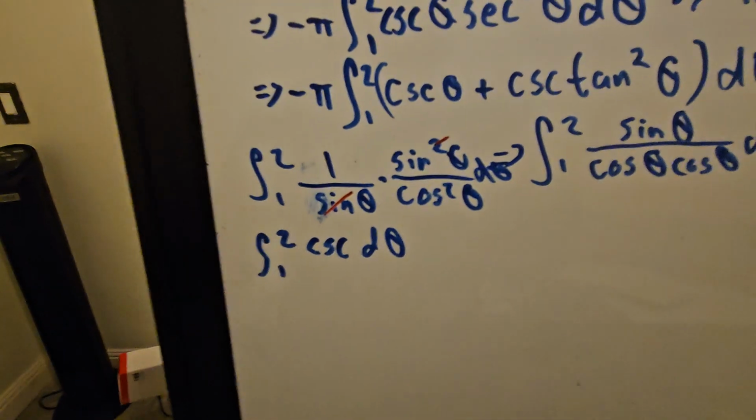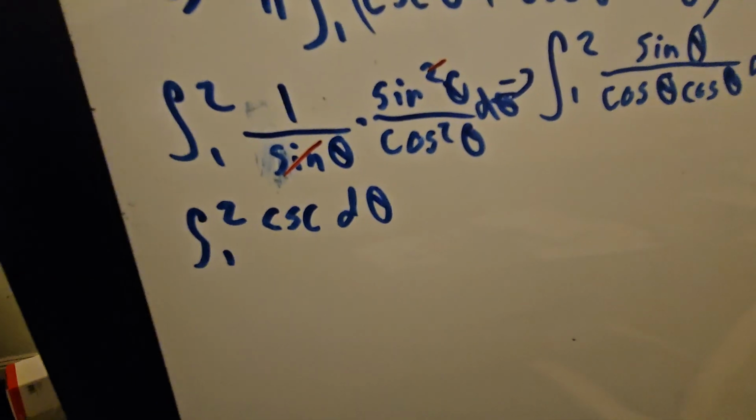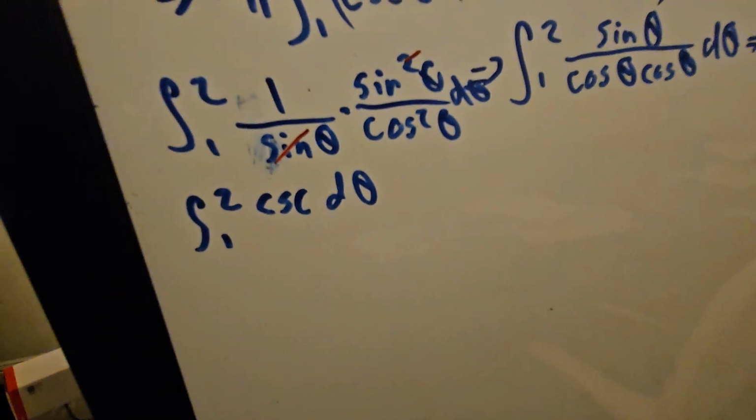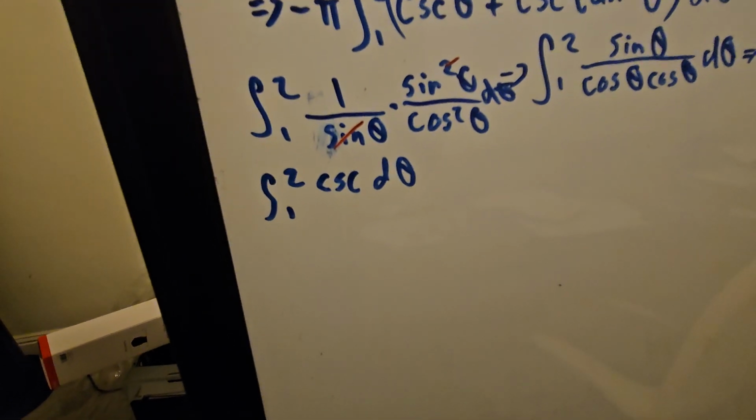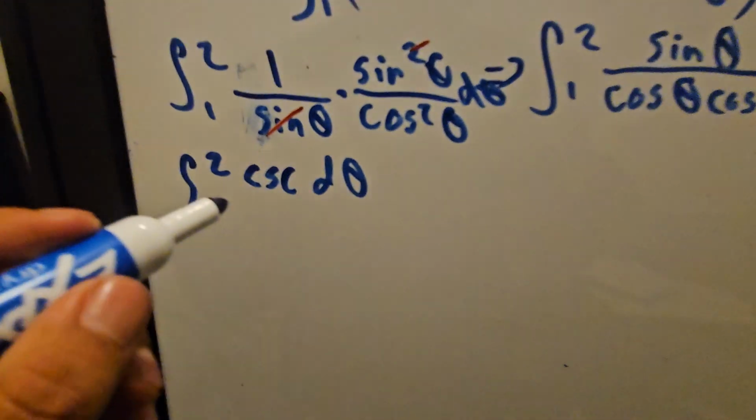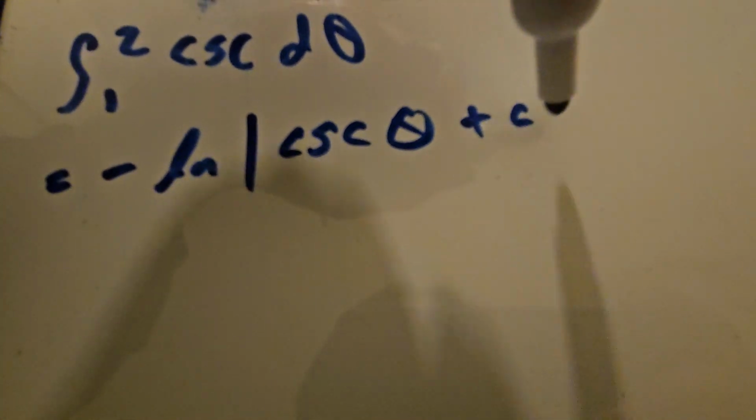The integral of cosecant d theta is one you should already have memorized. So let me go ahead and do that one. This is going to give us negative natural log of cosecant theta plus cotangent theta.